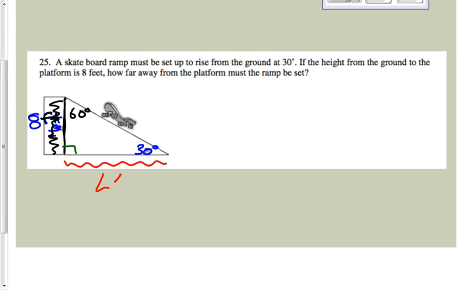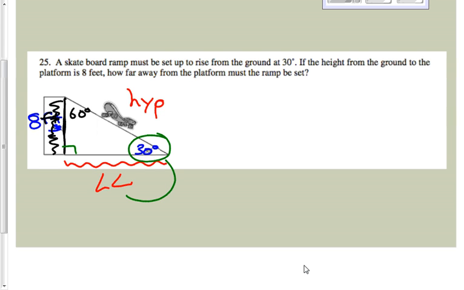Well, that's going to be my long leg. And just because we're continuing to practice, I'm going to find my hypotenuse, which is going to be how long is this ramp. So at the end of this, knowing my hypotenuse, how long is the ramp and how far away from the platform does this ramp need to be to ensure that I do in fact have that 30-degree angle.